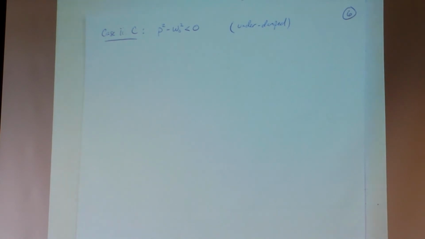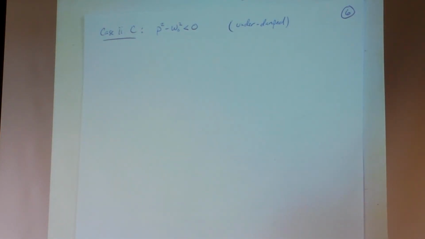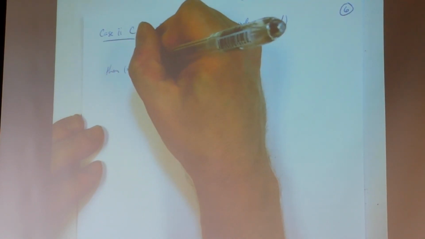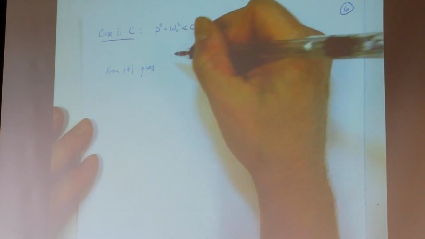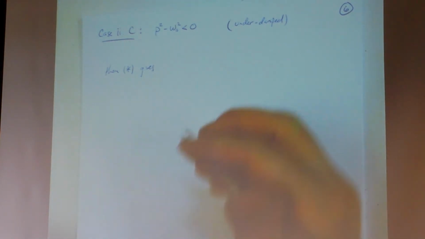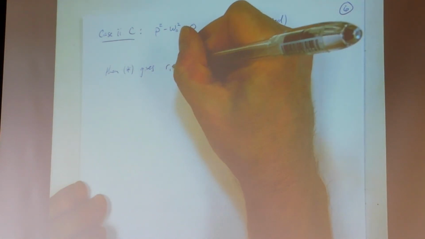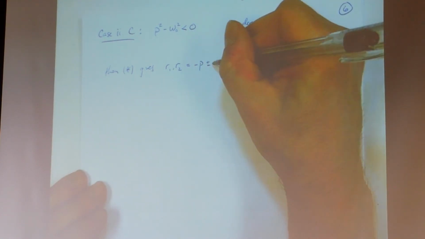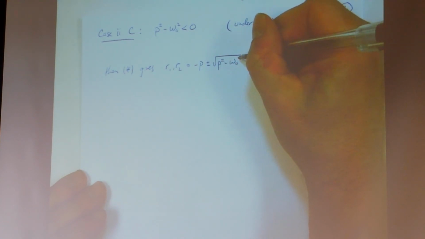Okay. So if p squared minus omega naught squared is less than 0, then equation star, the characteristic equation, gives, what is it? R1, R2, our 2 solutions are negative p plus or minus square root p squared minus omega naught squared.